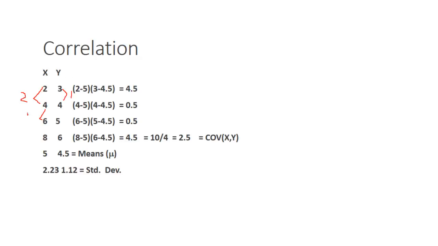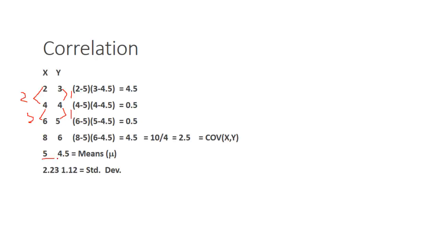X goes up by 2. Y goes up by 1. So it's a perfect relationship where any change in x, y changes exactly half as much. We agree?